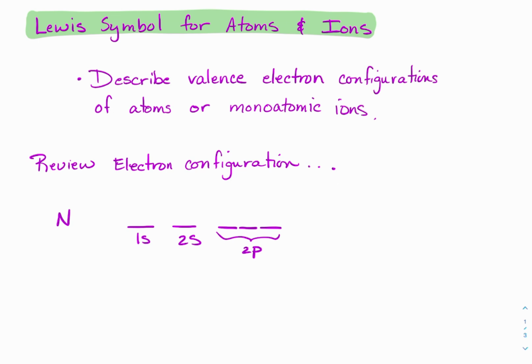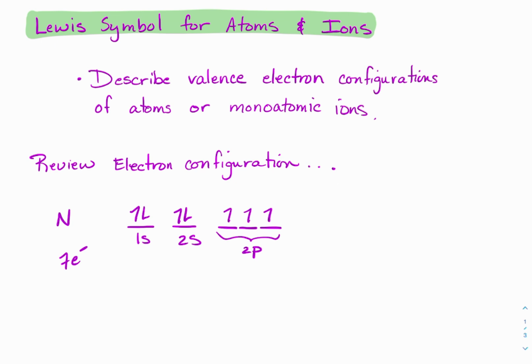So let's try the electron configuration of the element nitrogen. Nitrogen has 7 electrons in the neutral atom. And to the right-hand side of my nitrogen symbol, I have the orbital diagram drawn. And we're going to place our 7 electrons in our orbital diagram like so.